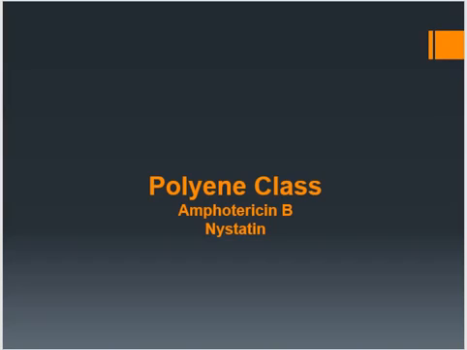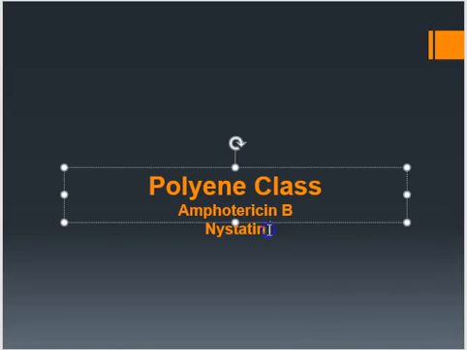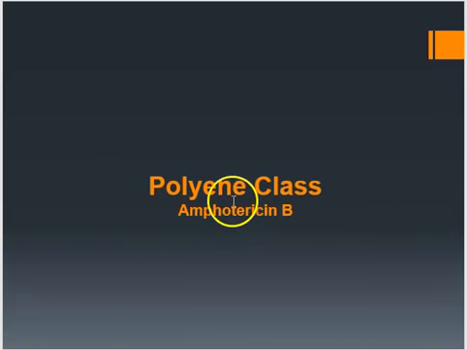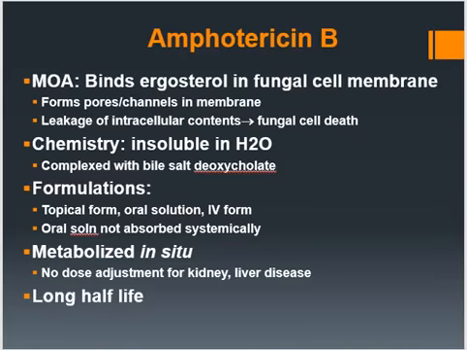Okay, so the first group of drugs we'll talk about are the polyene class of compounds. For this lecture, we're really going to focus on amphotericin B. We'll come back to nystatin, which is also a polyene, in another module or in another course, because that's more or less topically administered. So today we'll focus on amphotericin B. Mechanistically, this drug will bind to ergosterol and reduce the structural integrity of the fungal cell membrane.